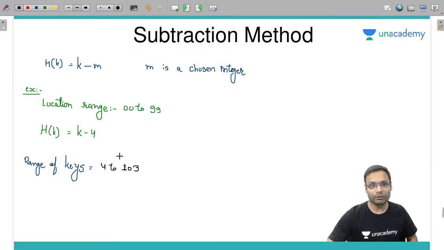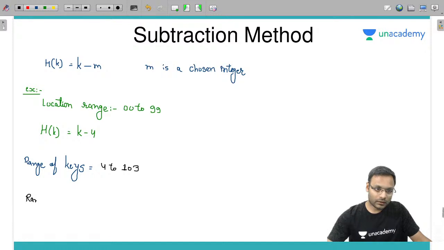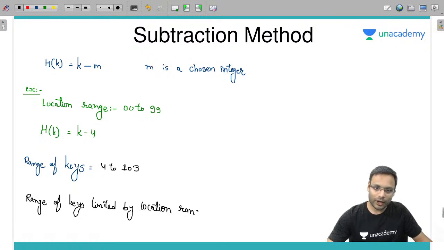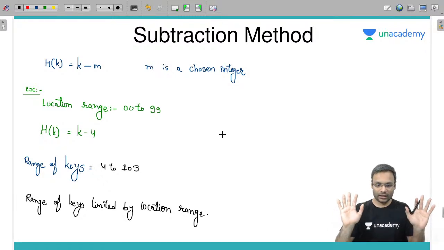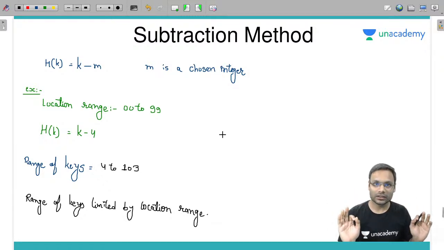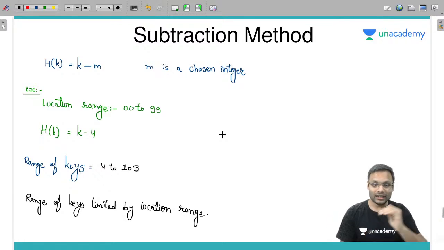For 5, location is 1; for 6, location is 2; up to 103, location is 103 minus 4, 99. So is the range of the keys still limited? Yes, here also it is limited. So I am writing: the range of keys is again limited by the location range. I hope you guys are understanding this particular thing. Okay, fine. Let's go next.